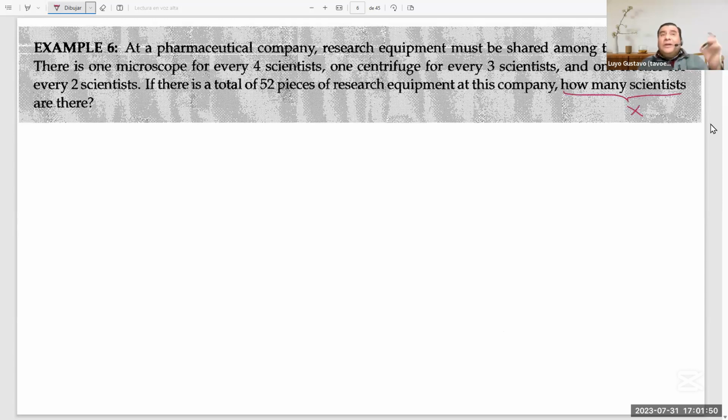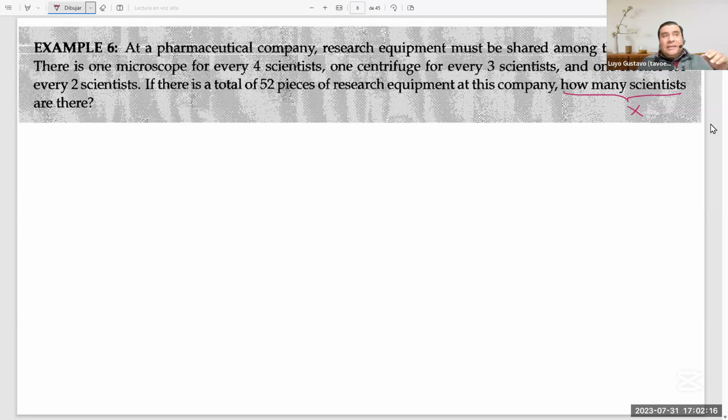Now, how do we connect X with the rest of the text in this question? This part is key. How do we interpret these statements: 1 microscope for every 4 scientists, 1 centrifuge for every 3 scientists, 1 freezer for every 2 scientists? Let's imagine for the moment that we assign some imaginary number for X, the total number of scientists.